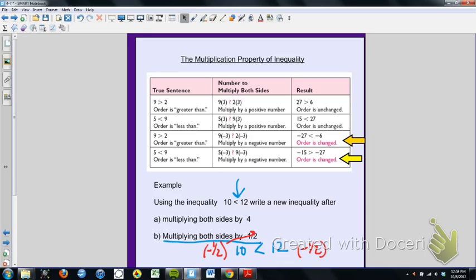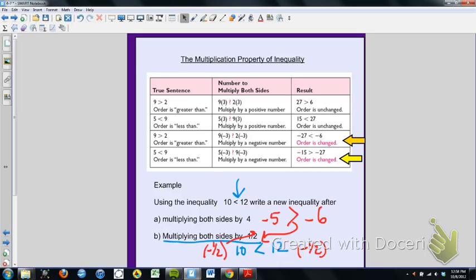So 10 times negative 1/2 is negative 5, right? 10 times a half is the same as 10 divided by 2, so that's 5. A negative times a positive is a negative. And 12 times negative 1/2 is negative 6. So you can see negative 5 is greater than negative 6. So this inequality flipped around.